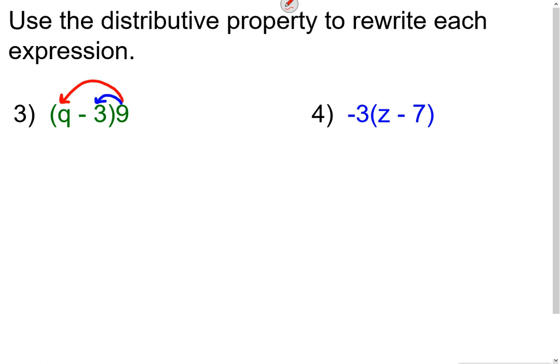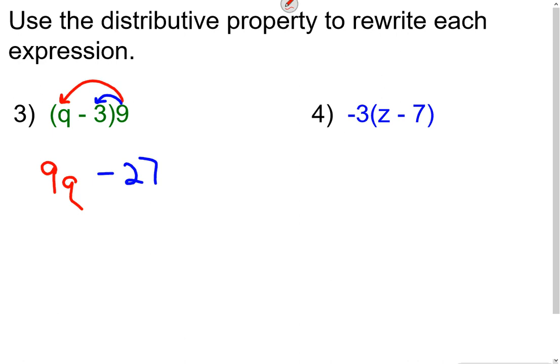Well, 9 times q is 9q. And now if I take 9 times negative 3, I get negative 27. So I can think of it as I'm going to add on negative 27 or subtract 27. And there I have it. I have rewritten that expression in another form using the distributive property.